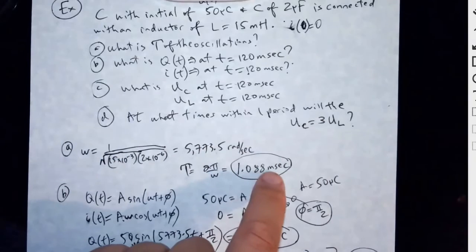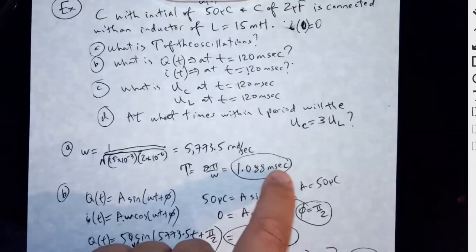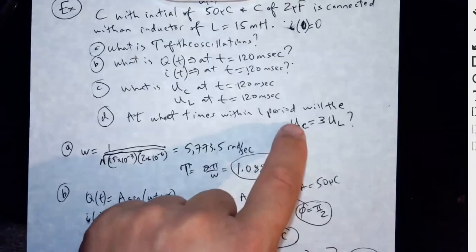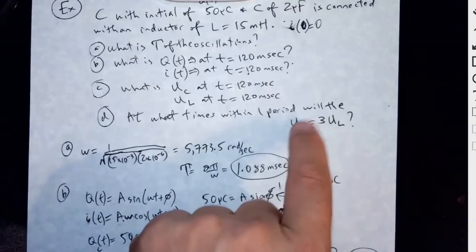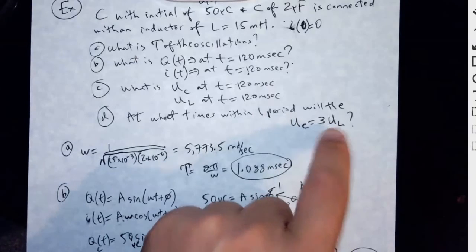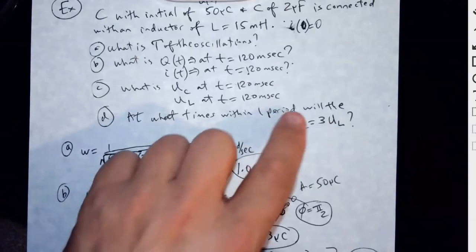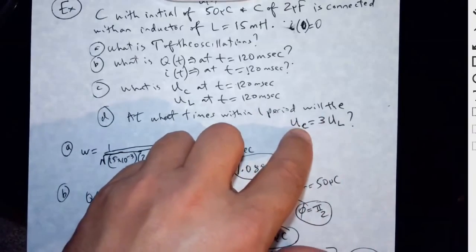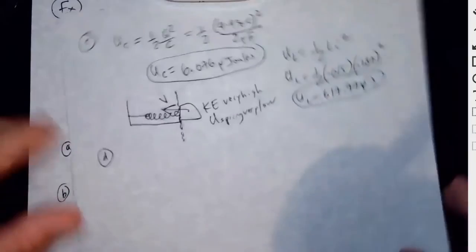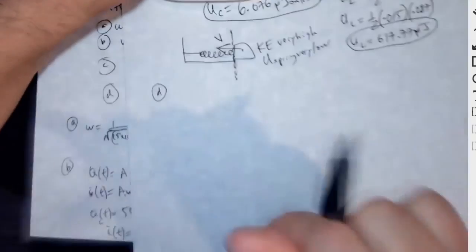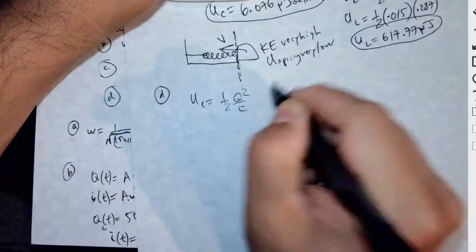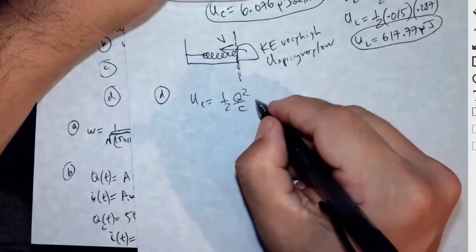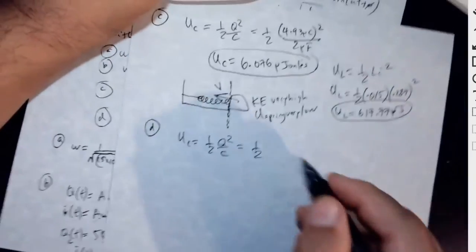So within 1.088 milliseconds, how many times does this condition get satisfied? So how do we write that down? The energy of the capacitor is going to be half Q squared over C, right? So it's going to be 1/2. What's the equation for the Q?